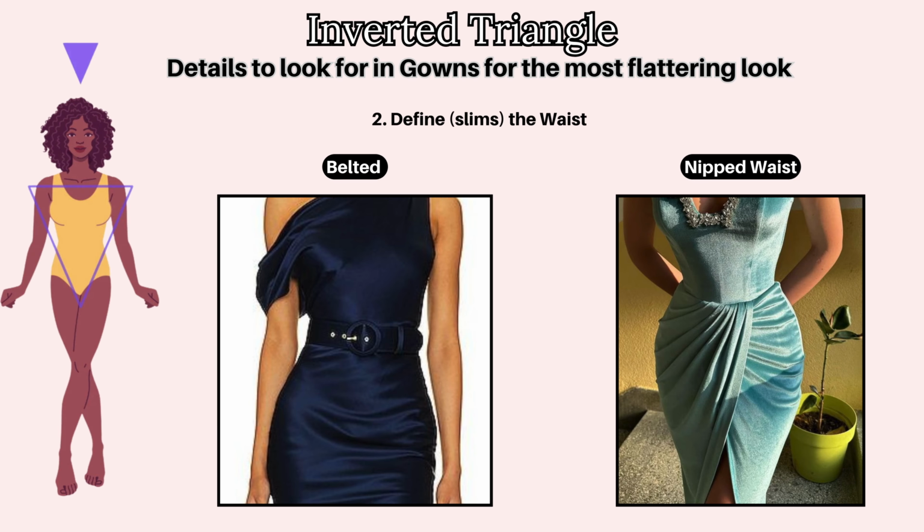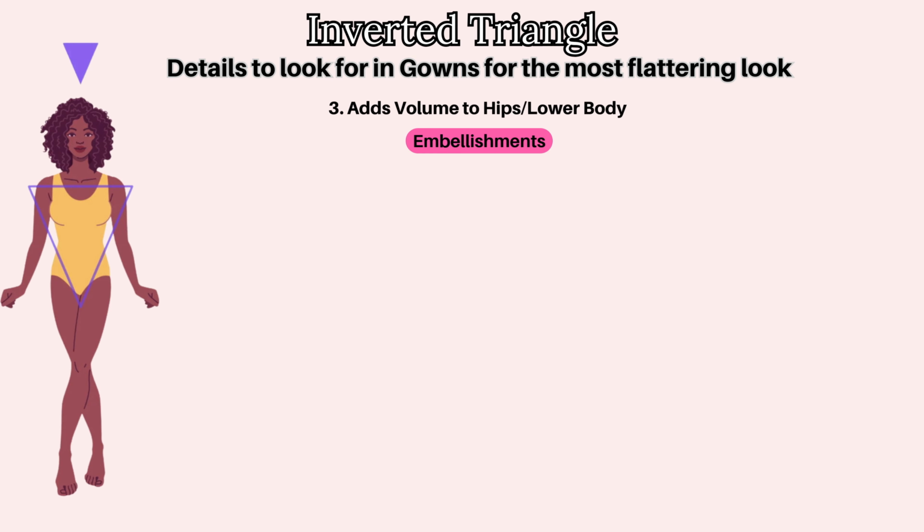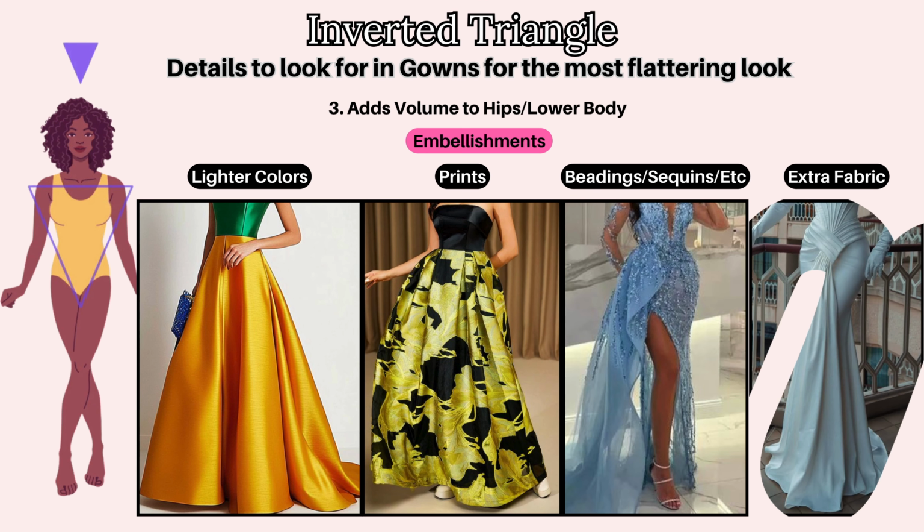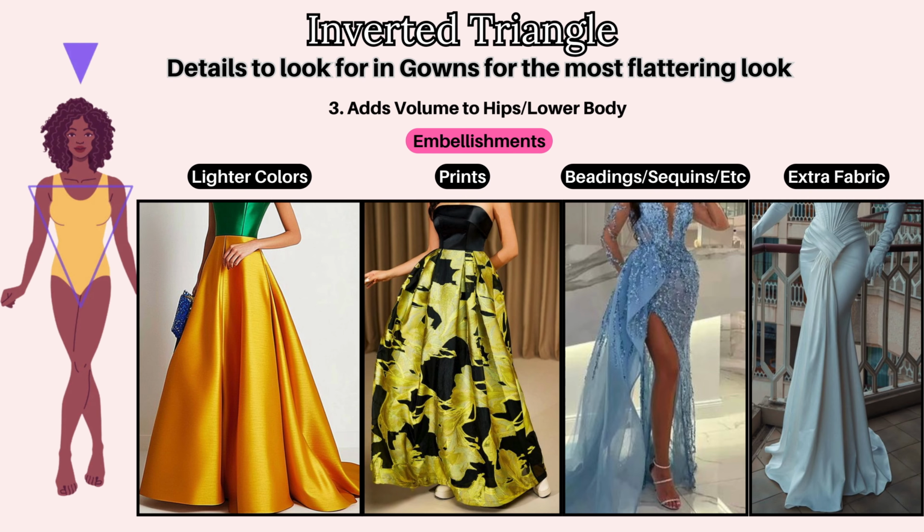And you also want details that broaden the lower body and add volume to the hip and butt area. So look for details like embellishments on the skirt of the dress, such as lighter colors, prints that contrast with a more solid and simple upper body, beadings, extra fabrics that add volume to the lower body.